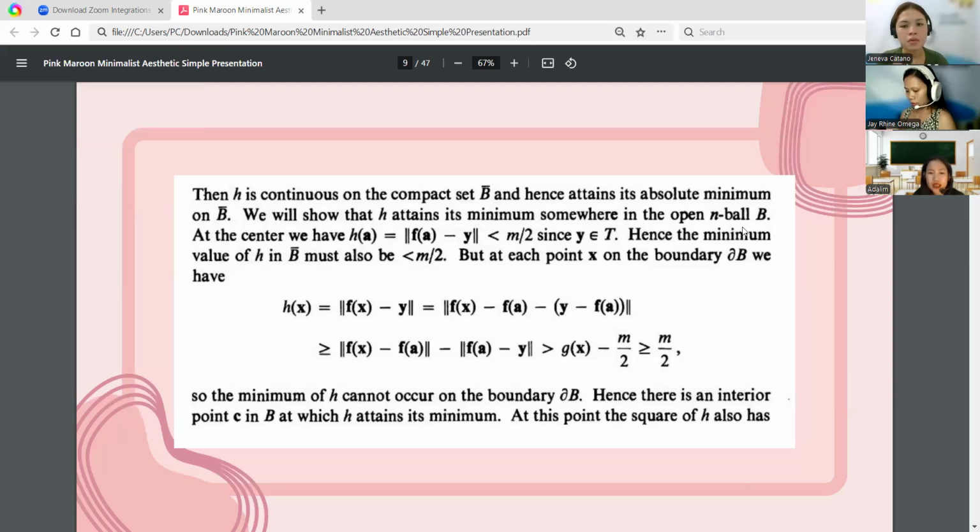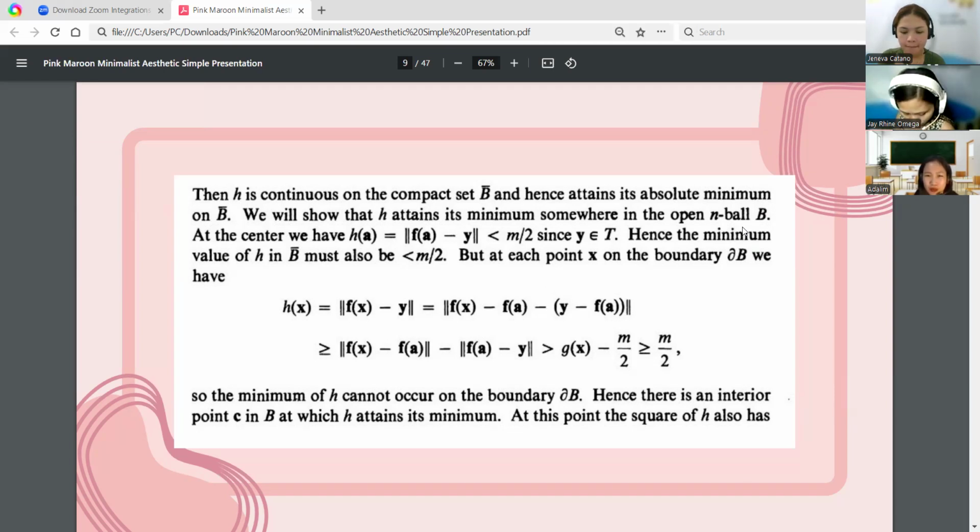Then h is continuous on the compact set B and hence attains its absolute minimum on B. We will show that h attains its minimum somewhere in the open n-ball B. At the center we have h(a) equals, is that an absolute sign? I'm not sure about this one.